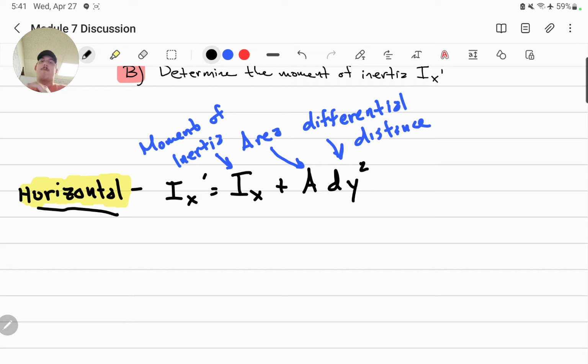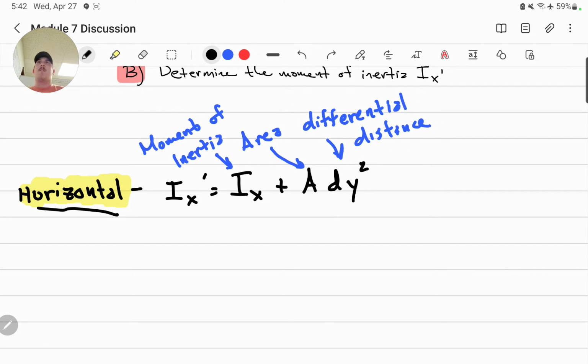For the moment of inertia, I need to plug in these three sums: moment of inertia, area, and differential distance.